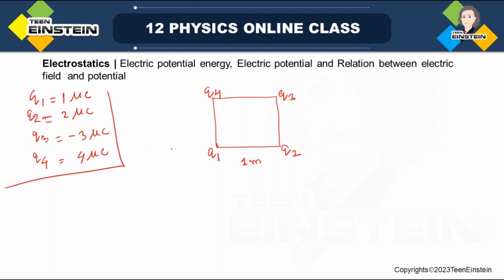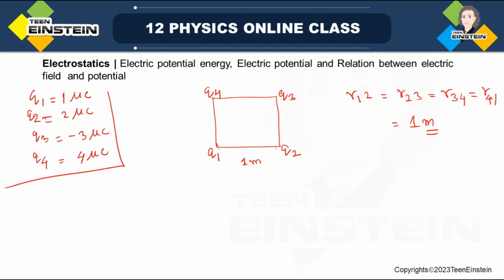So how many terms will be there? There will be 6 terms, as you know. And how to calculate that? First of all, we need to find out the distances. If I go side by side, R1 2, then R2 3, then R3 4 or 4 3, whatever you say, and R4 1, all side by side, these are 1 meter each.